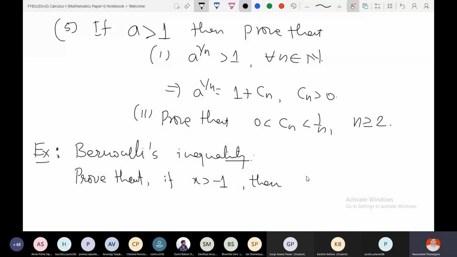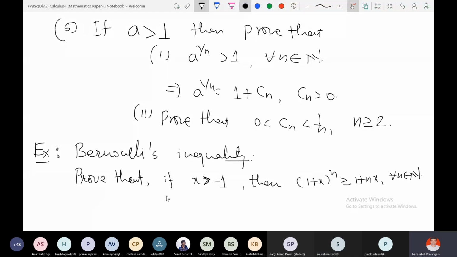If x is greater than -1, then (1 plus x) raised to n is greater than or equal to 1 plus nx, for all natural numbers n.